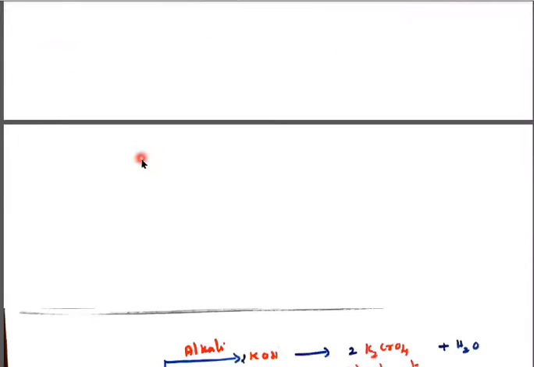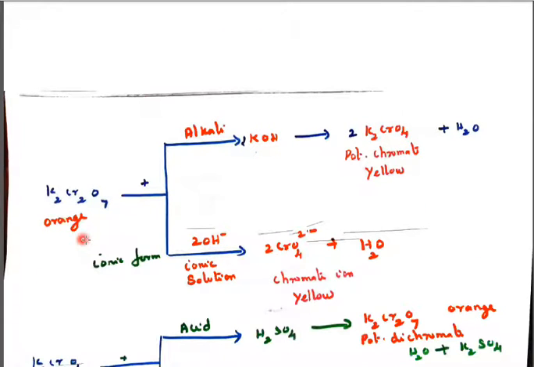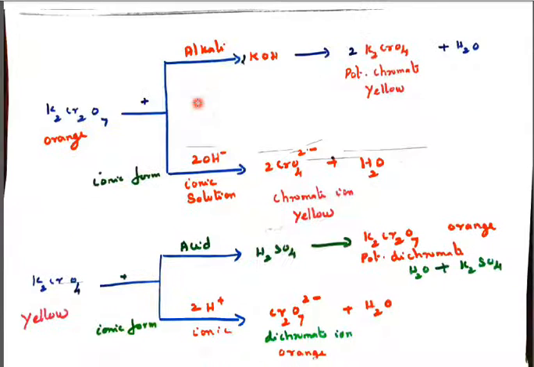I have written two equations for potassium dichromate K2Cr2O7: one is the alkali equation, the other is the acid equation, and it gives back the potassium dichromate.